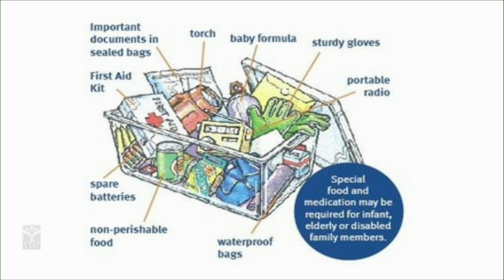You also need gloves, a portable radio, waterproof bags to store dry, non-perishable food, and spare batteries for the torchlight. A first aid kit and these kinds of essential items need to be stored to save ourselves in expectation of a disaster.